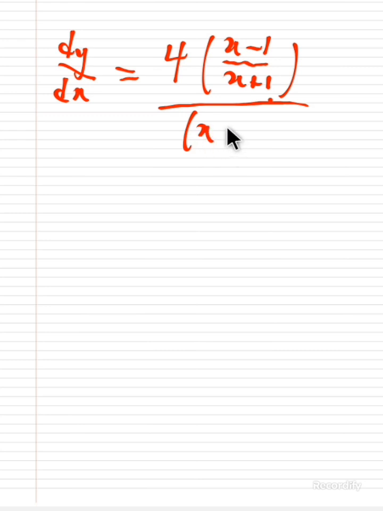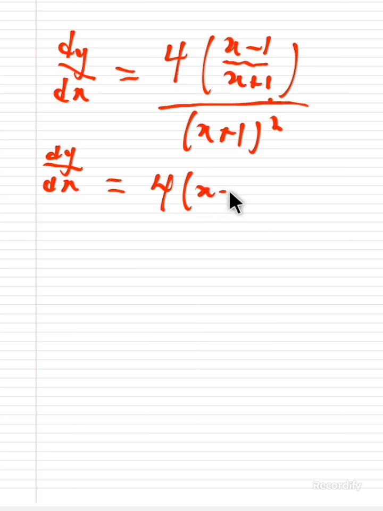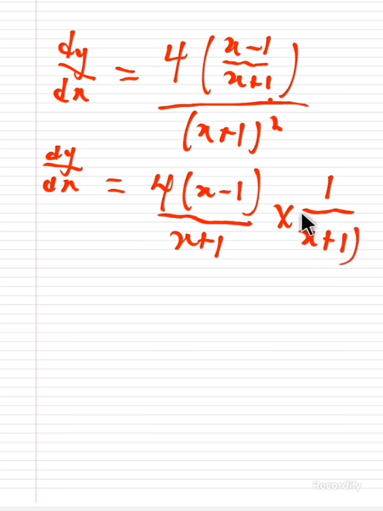Okay, all over x plus 1 squared. Alright, and this now implies, of course, that our dy dx is equal to 4 into bracket x minus 1 over x plus 1 multiplied by 1 over x plus 1 all squared.